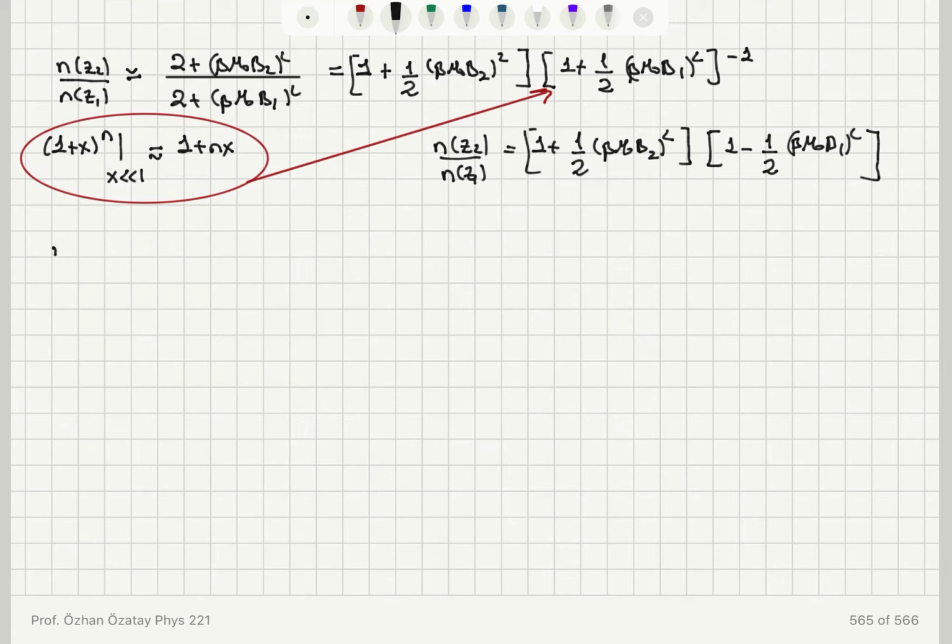So I can continue this calculation for the ratio n of z2 to n of z1.